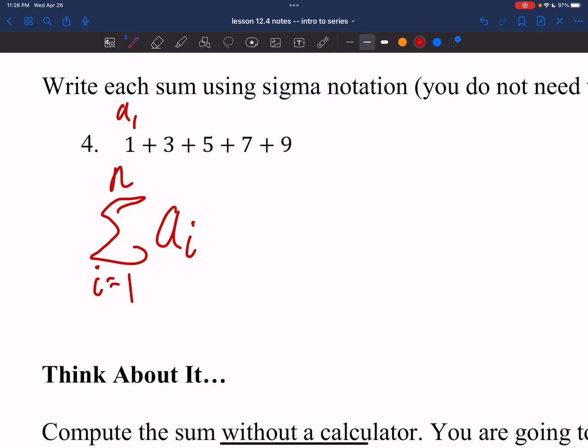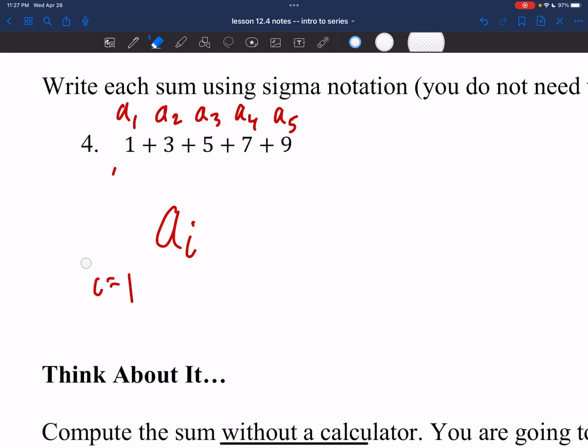So this is a sub 1, this is a sub 2, 3, 4, and 5. So I do know that the top number above the sigma is 5. But what is the sequence that generates this? This is where you have to get that explicit formula.